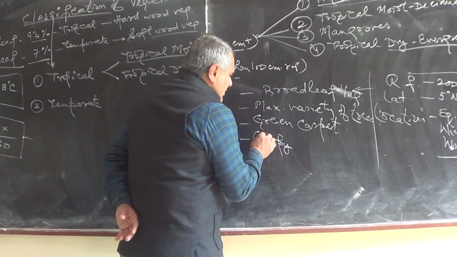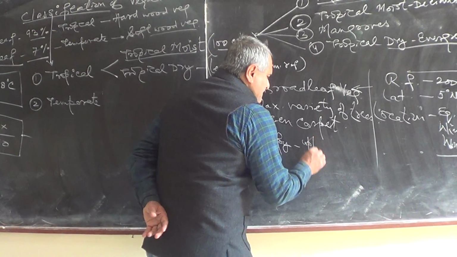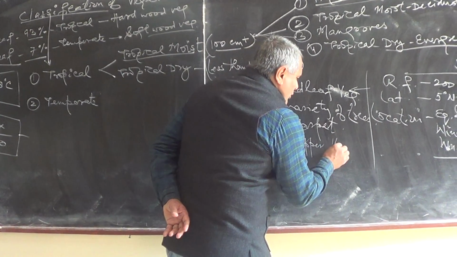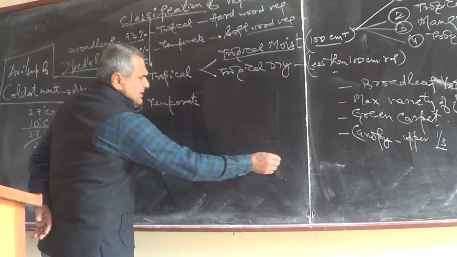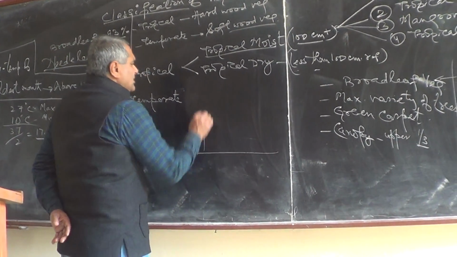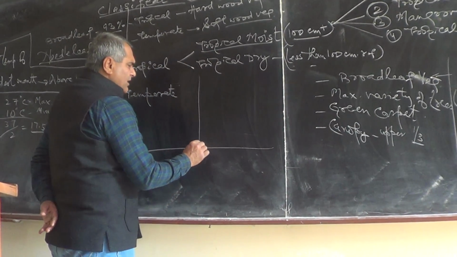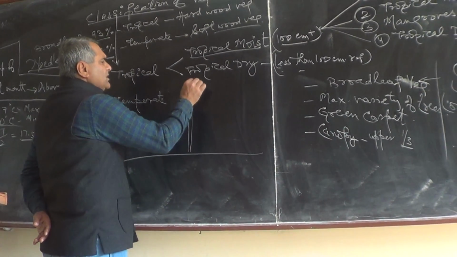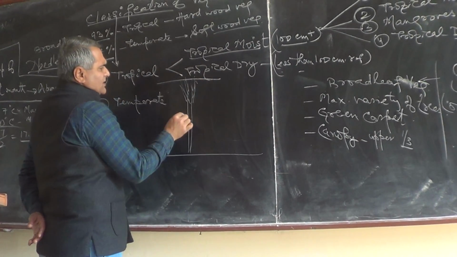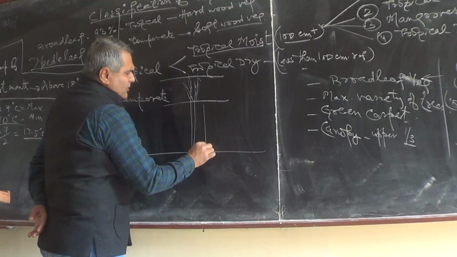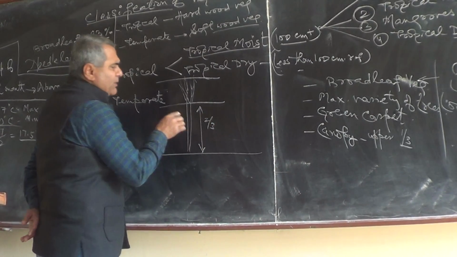Canopy is upper 1/3 canopy. Upper 1/3 canopy means, suppose this is the tree here. So this is the tree, the main trunk, upper 1/3 has the leaves. So this and this, lower 2/3 is free from branches.